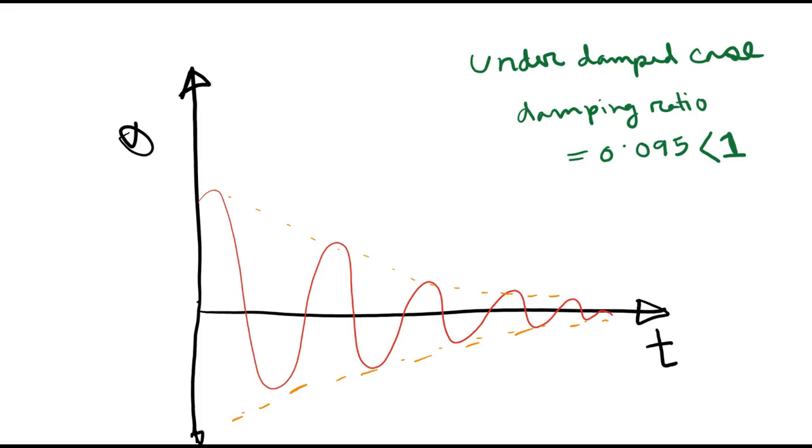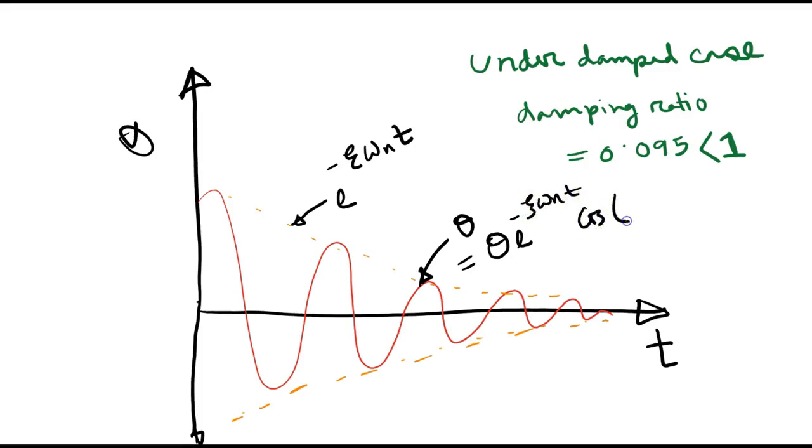Okay, so qualitatively we can draw this diagram where this dotted line is the negative exponential part of the equation, which is negative zeta omega n times t, and because of this part the amplitude of the vibrations eventually decays, and this one is the resultant response theta, which has the negative exponential part plus the cos component part, omega d t plus phi.